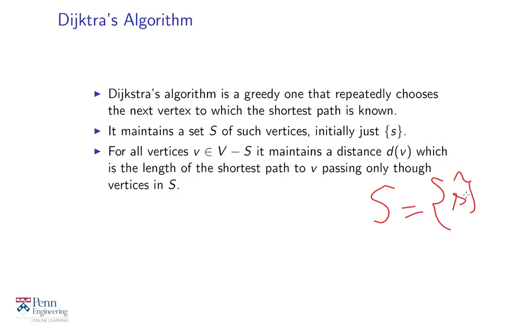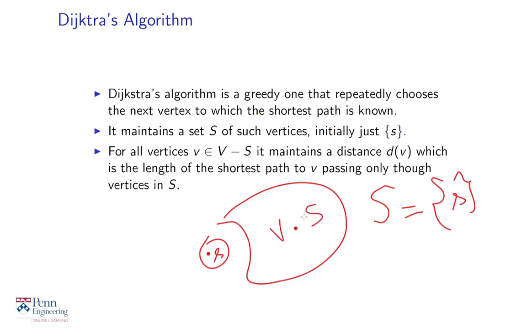Then Dijkstra's algorithm works like this. For each vertex v in the rest of the graph, so here is one side that has little s in it, and the rest of the graph is V minus S, because this is the capital S side. So for each vertex v in V minus S, we maintain a provisional distance.